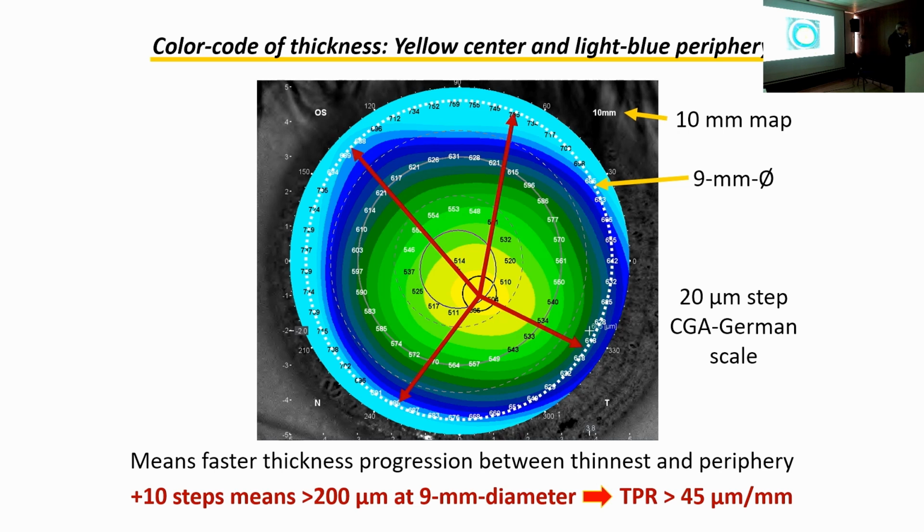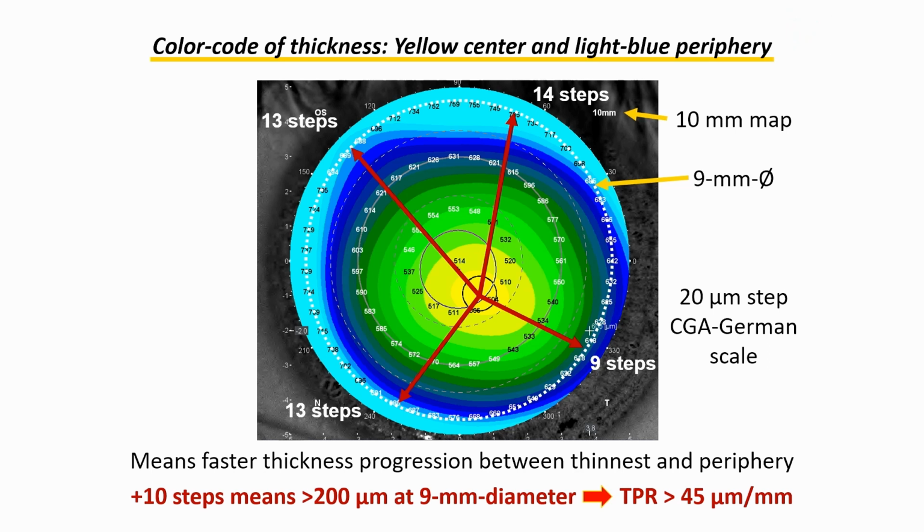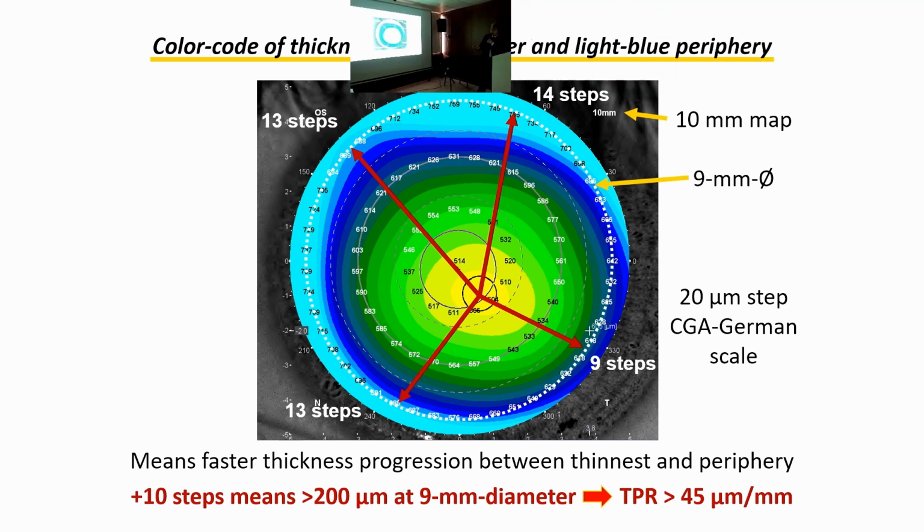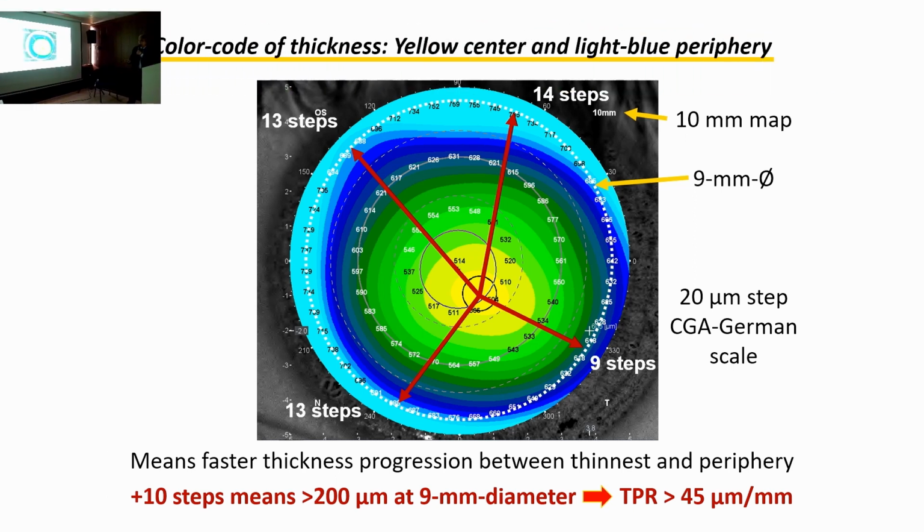And we know now that the progression of pachymetry is not always symmetric. We may have asymmetric progression, and when we have more than 10 steps in the Galilei with 20 microns, we have more than 200 microns between the thinnest point and this row here at 9 millimeters.